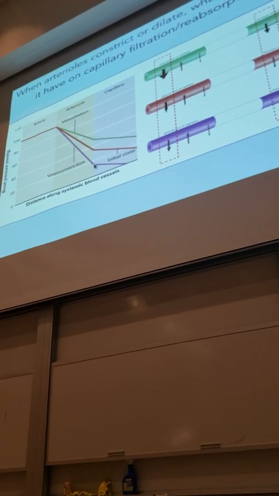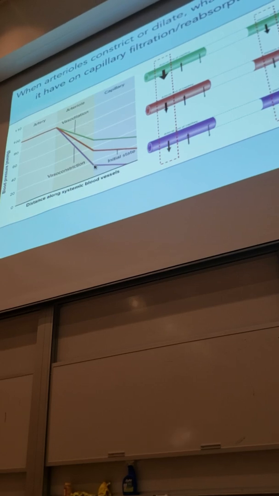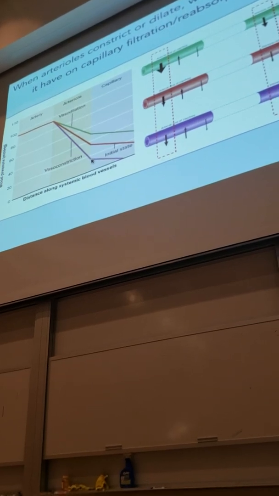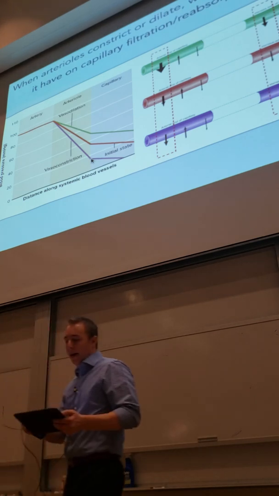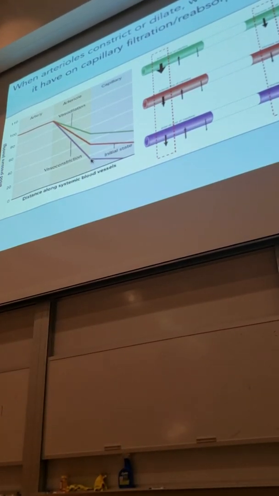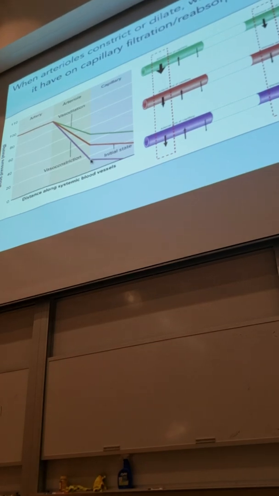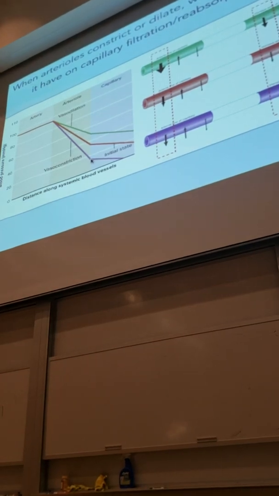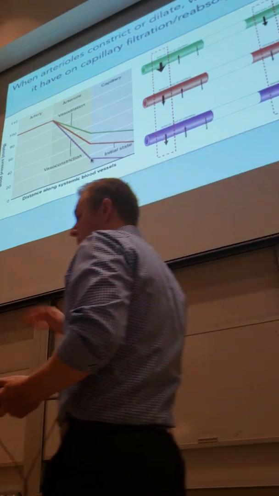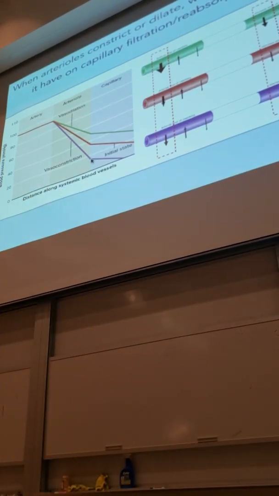What this does is bring more blood overall, but more of that fluid in the blood, including the oxygen, is being brought to those cells. And then constriction does the opposite. If we constrict an arteriole and we have less blood going to that capillary, we have lower pressures. And so in our purple example here, we have lower filtration and greater reabsorption, right?